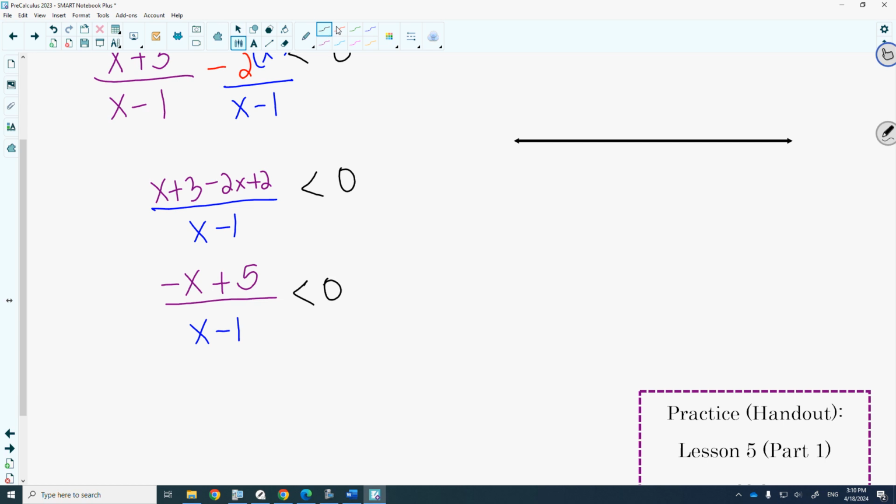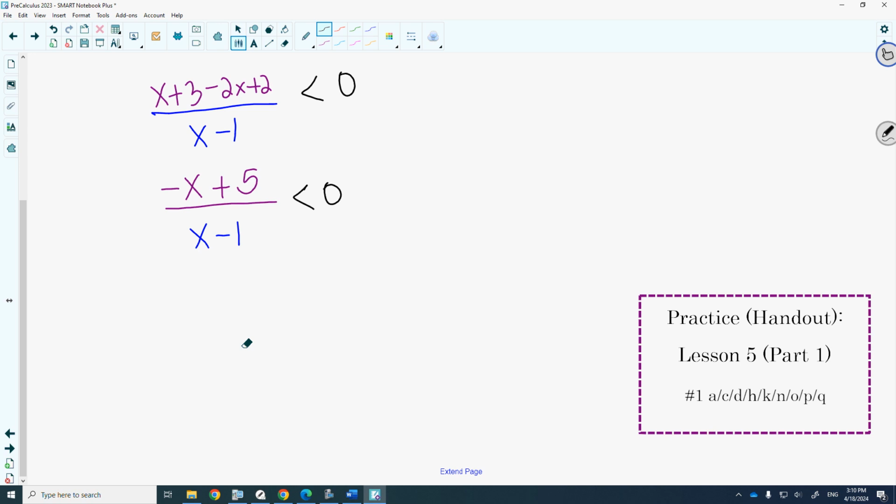And then I actually always like making sure this is fully factored so I could see my critical value easily. So I'm going to factor out a negative 1. If I factor out a negative, I will get x minus 5. And now I could just look at that and say my critical value is at 5.